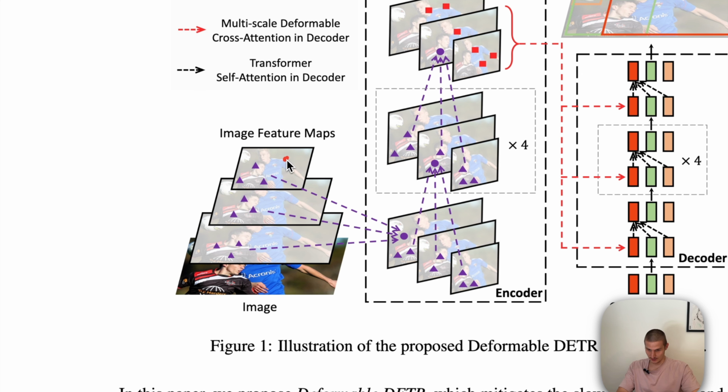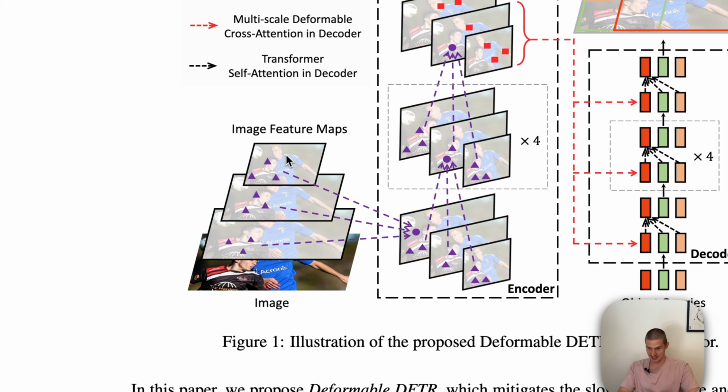Now, for image-to-image attention, the logical reference point is just the projection of the same pixel location within scales, right? So, for example, when we compute attention between this small scale and this small scale of the same shape, this is obvious. It's just this pixel right here, the exact same pixel. When we compute attention between this small one and this big one, for example, we need to project it down somehow to find out where in this bigger resolution image this exact pixel was located. So this is one complexity, and these are basically called reference points.